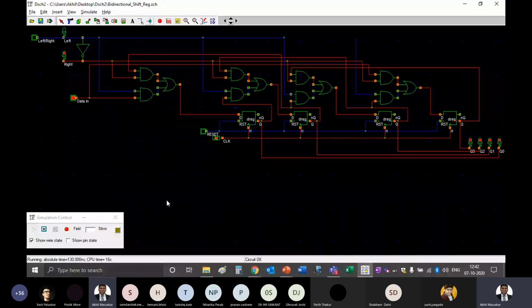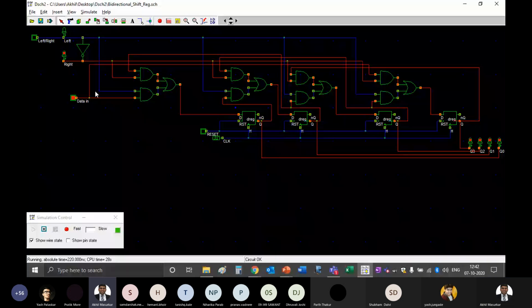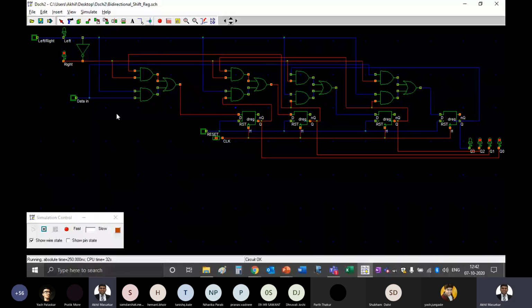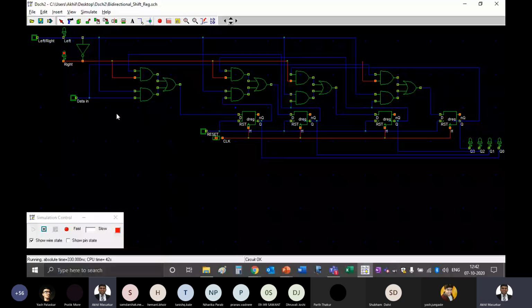And since my data in is 1 only, I will get continuous ones at the output. But if I make data 0 now, you can see that Q3 becomes 0, then Q2 becomes 0, then Q1 becomes 0, and then Q0 will also become 0. So now you will get continuous zeros.